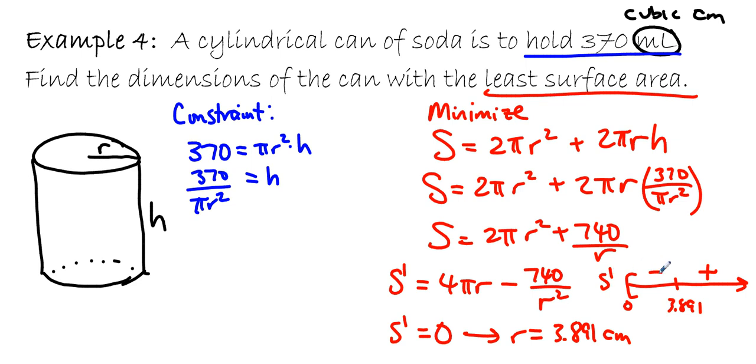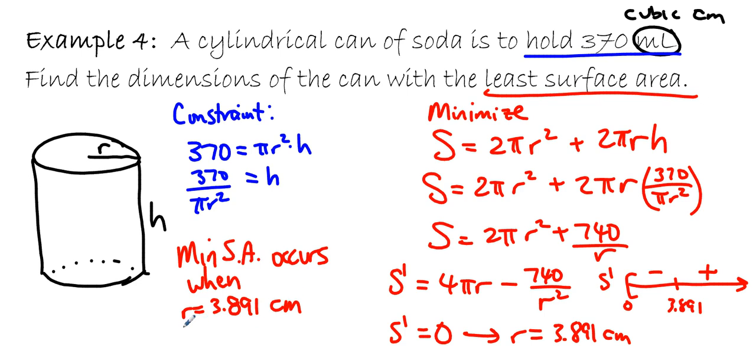S prime changes from negative to positive, which means S changes from decreasing to increasing, which means this is a min. And so the minimum surface area occurs when r is 3.891 centimeters, and oddly enough, that makes the height twice that.